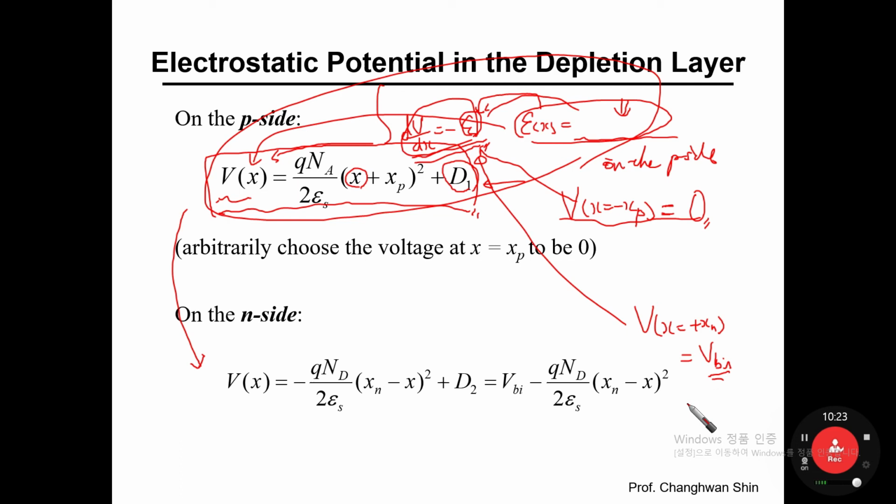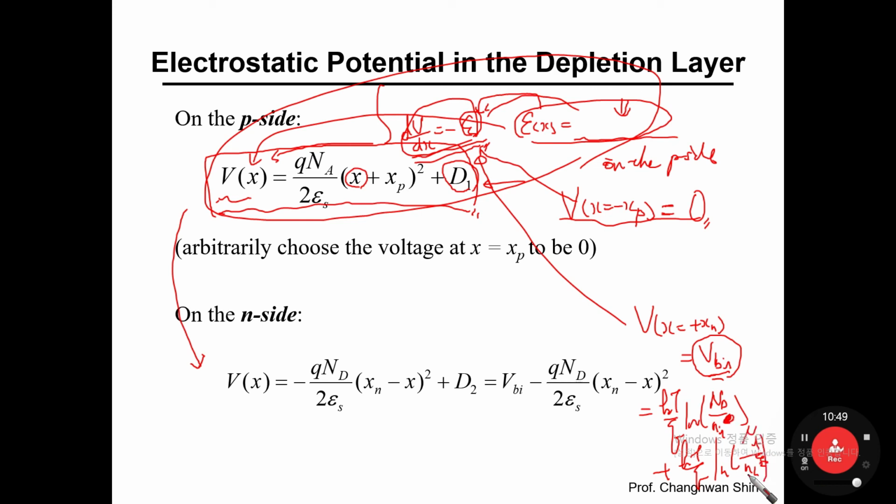But here VBI is a constant, but we don't know the exact value. But as long as you know the doping concentration on the p side and n side, you may estimate this value. For example, if I write it down as an equation, kT over q ln of Ni squared over n sub D plus kT over q ln of Ni, no, not squared, over Na.